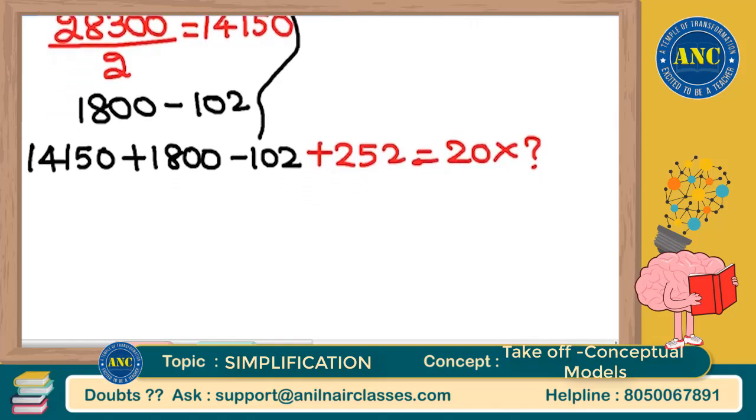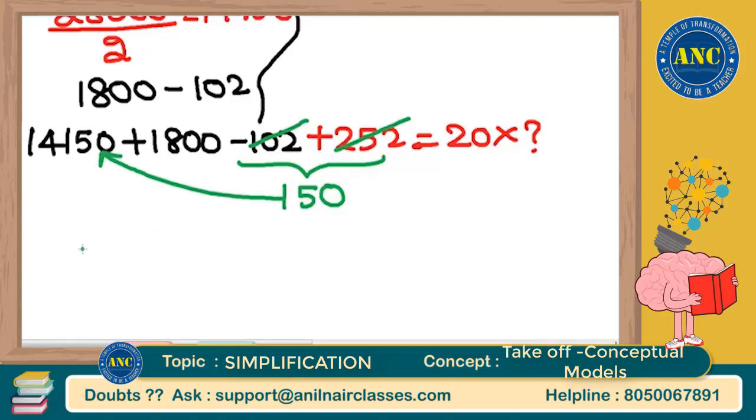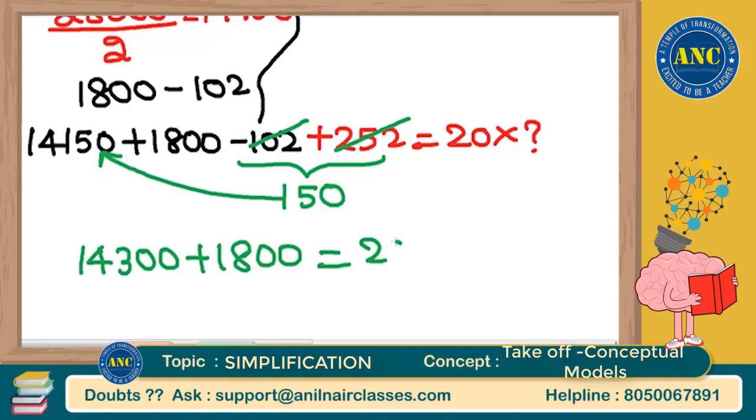Now again, simplification. How to simplify this a little faster? 252, if I remove 102, I will be left with 150, right? This 150, I will give to this person. So this becomes 14,300 plus 1800 is equal to 20 times question mark.